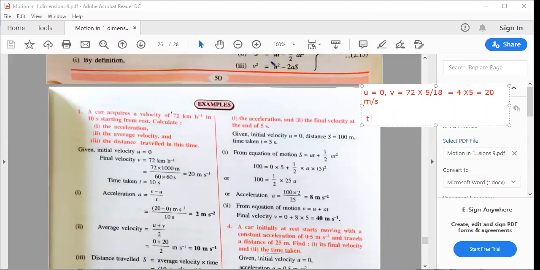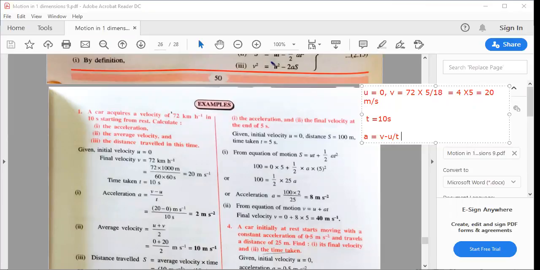What is time? Time is given as 10 seconds. So v is equal to u plus at. We can apply this formula because we need to get acceleration as well as velocity. So from this, what will be the formula? a is equal to v minus u upon t.